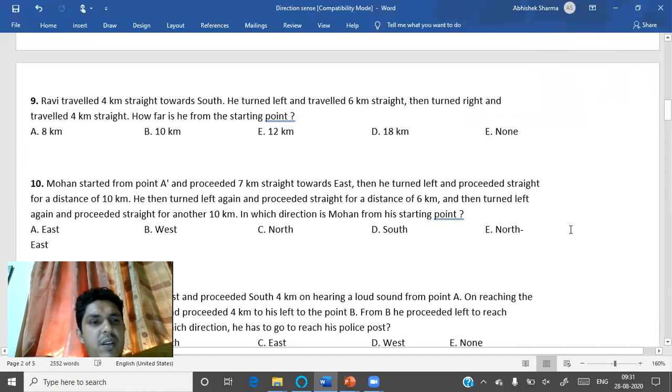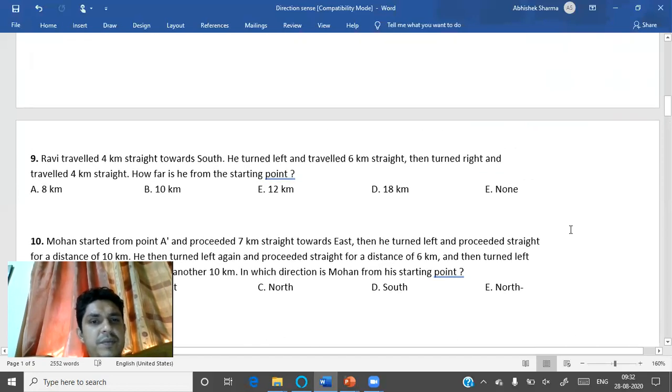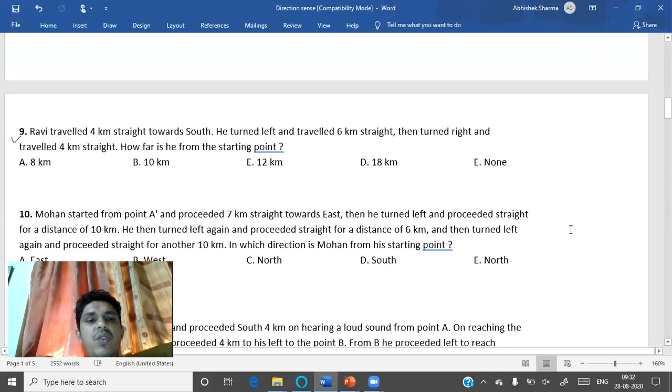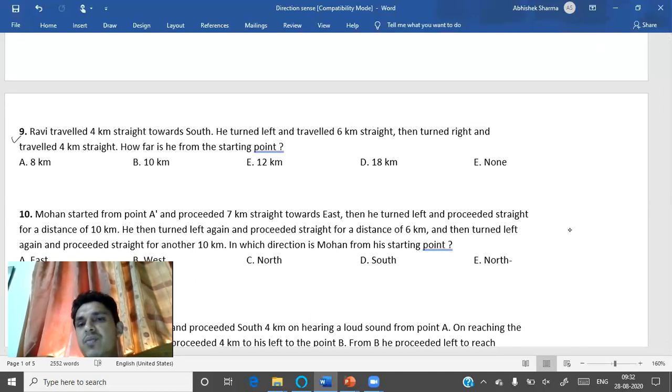The question that I am taking here is question number 9, right? The question is: Ravi traveled 4 kilometer straight towards south. That means if the starting position is this, he is moving 4 kilometer towards south. He turned left and traveled 6 kilometer straight.